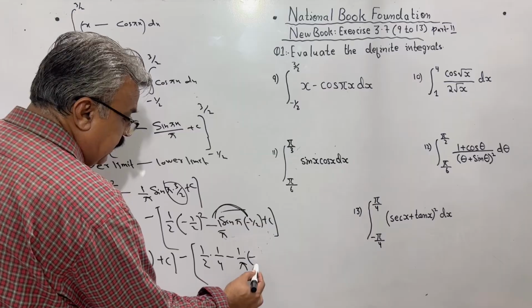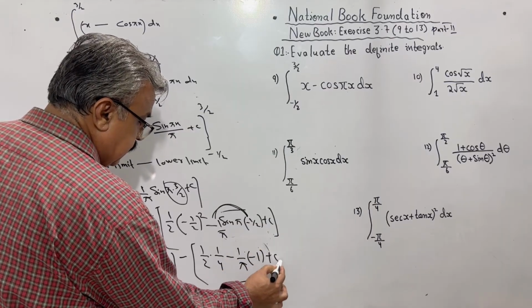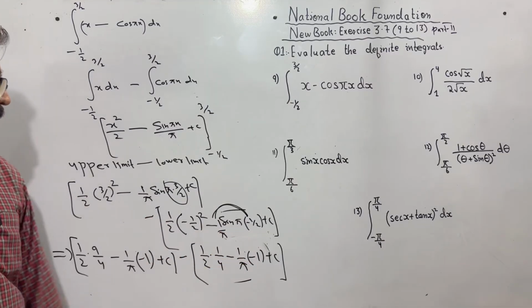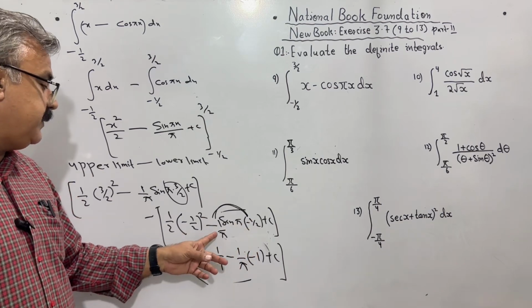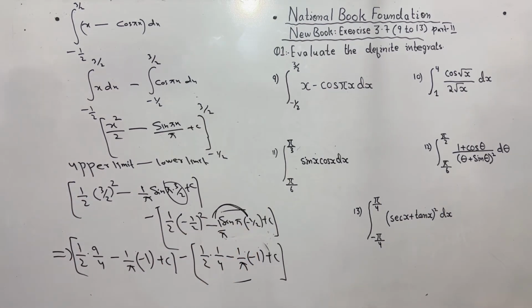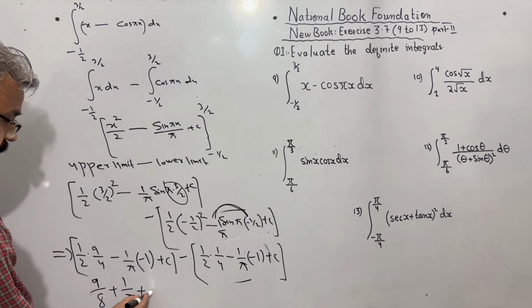Sine negative pi over 2 is equal to minus 1, or writing the negative sign outside, sine pi over 2 is equal to 1. Sine 90 is equal to 1. Everybody is familiar. It will become 9 over 8 minus plus 1 over pi plus c.